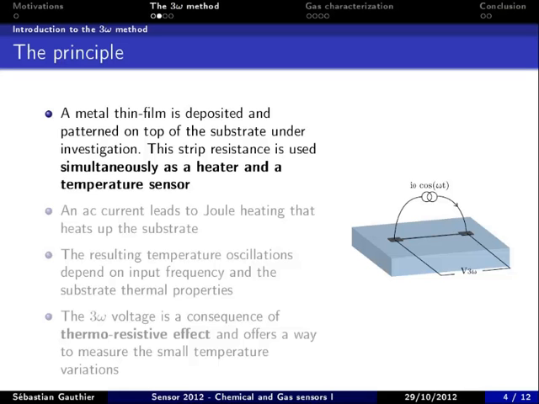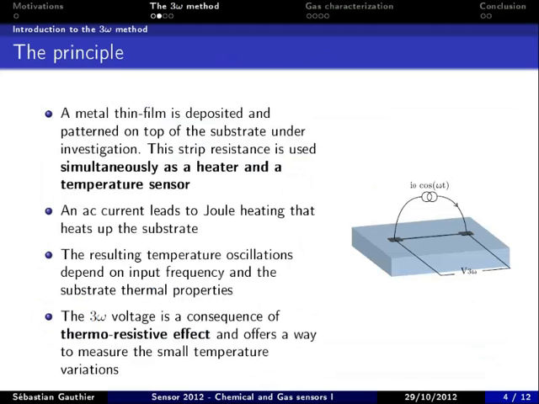And this resistance will be used simultaneously as a heating element and also a temperature sensor. So we will feed an AC current into this resistance, and due to Joule heating, temperature oscillation will arise in the substrate.